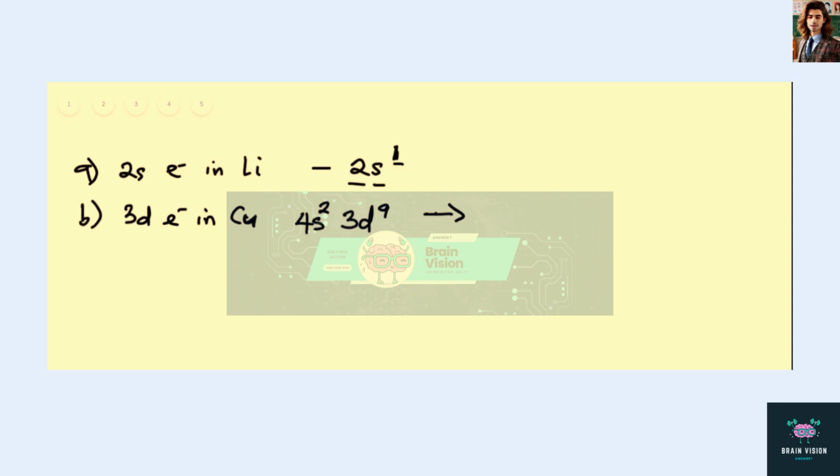But if you remember the principle of half-filled and fully filled orbitals in terms of their stability, you realize that half-filled and fully filled orbitals are more stable. So we have to rearrange the electrons in the 4s and the 3d orbitals to have a half-filled and fully filled arrangement. Here we only have a fully filled d orbital, and then the d9 orbital has one unpaired electron.